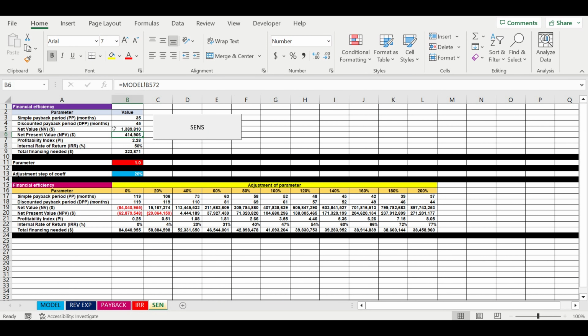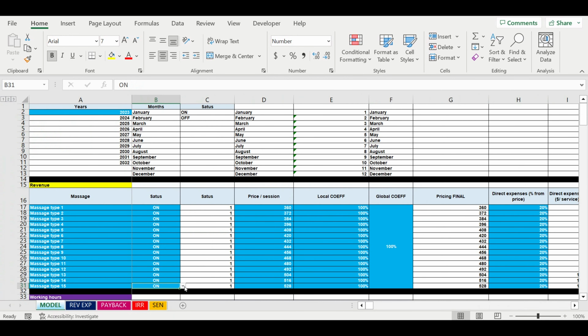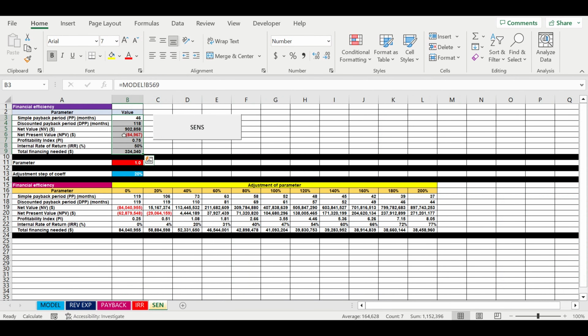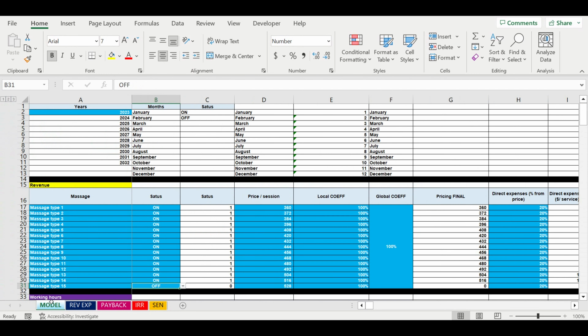So first of all, let's look here. This is the financial efficiency with this service in our project. We can simply switch it off, then go back to the financials and see what the financials are if we switch the service off from our calculations. If we are too optimistic, we will be able to see the difference in cash flow if we switch off or switch on this or that service.